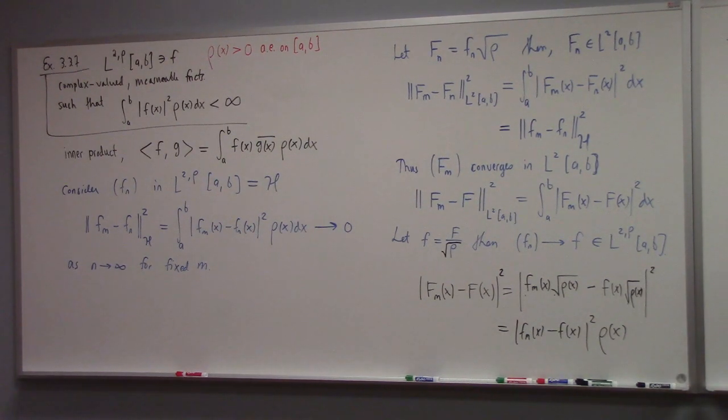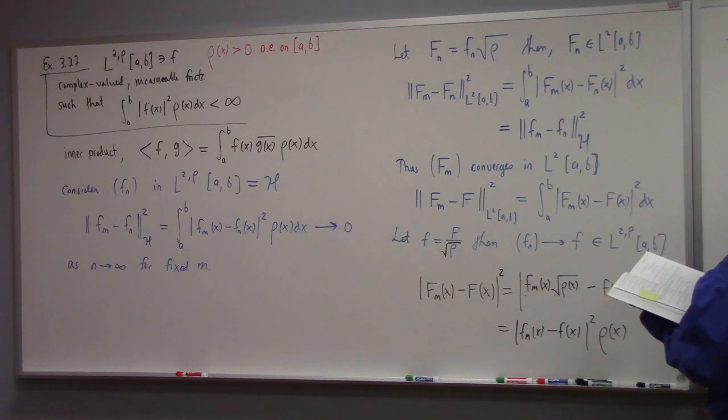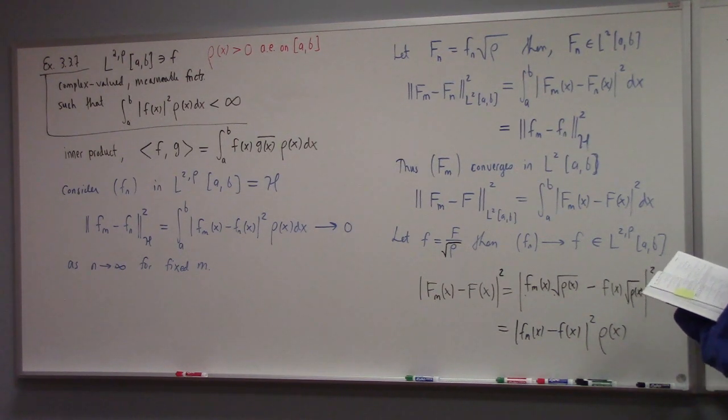All right, so here he says, let omega be an open subset of R^N, all right?